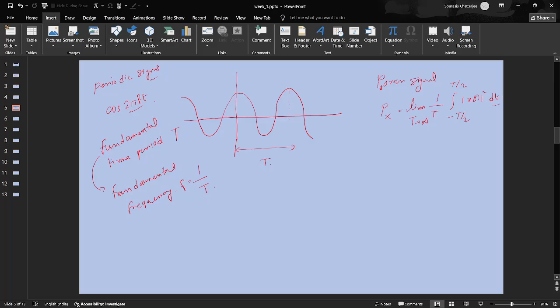The limits are over one cycle of the signal. Okay, so you are saying that this T here which tends to infinity, and I have to take the integral over the whole T by 2 here. Now you say that we can replace the T here by the fundamental time period.